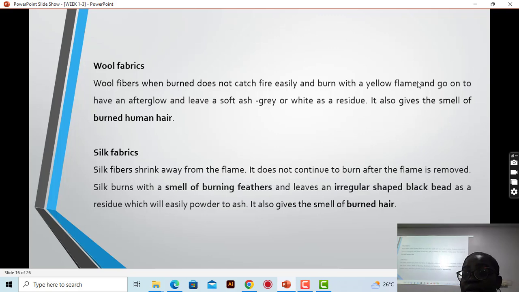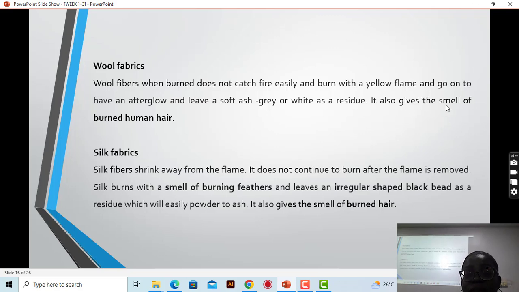So with a yellow flame, they go on to have an afterglow and leave a soft ash, gray or white, as a residue, just because it is natural. This is telling us that all the natural fibers usually give soft residue or ashes. Do you understand? Because it is natural, so it is giving us a soft residue.